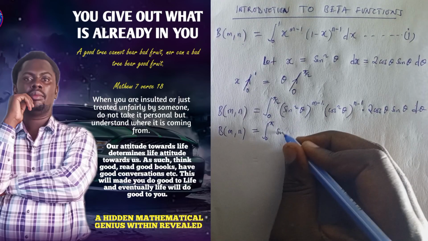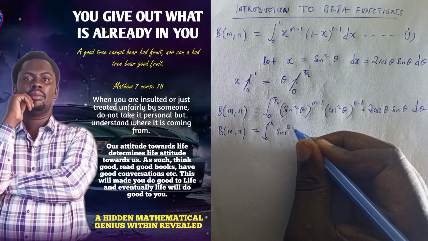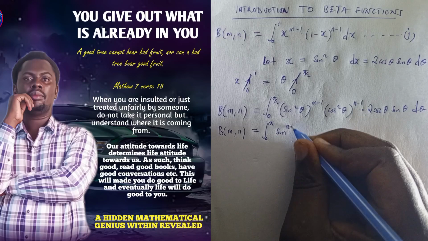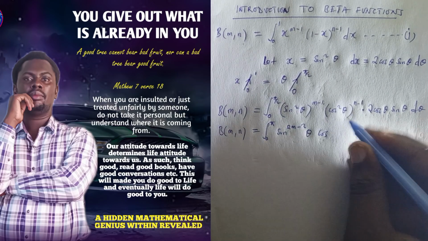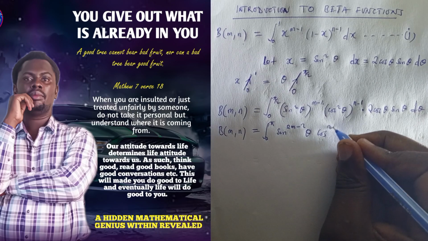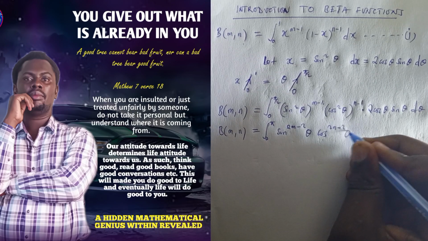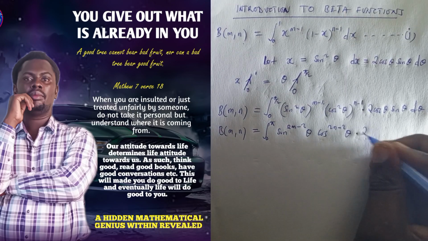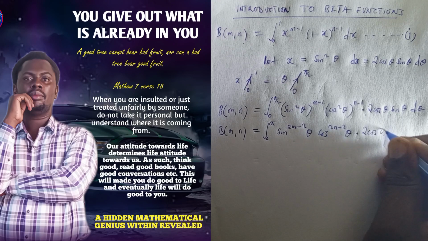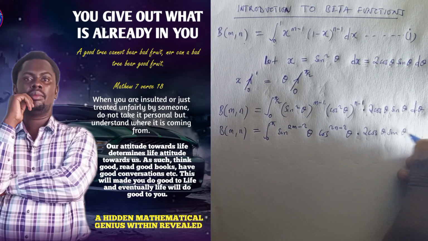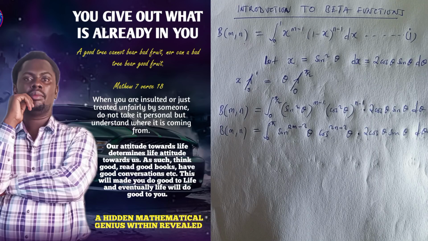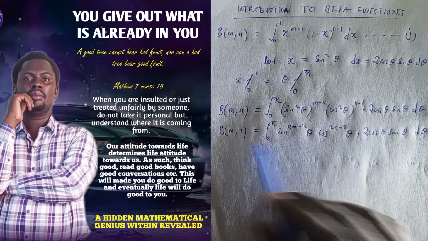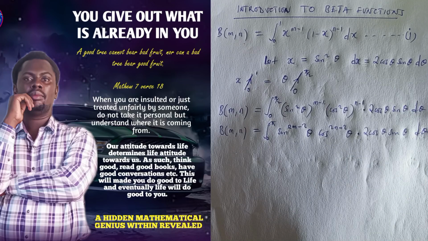So we are going to have sine to the power of 2m minus 2 of theta, and cos, 2 multiplied by n is 2n, so 2n minus 2 of theta, and multiplied by 2 cos theta and sine theta d theta. Okay, then this 2 is a constant. We can divide it out.